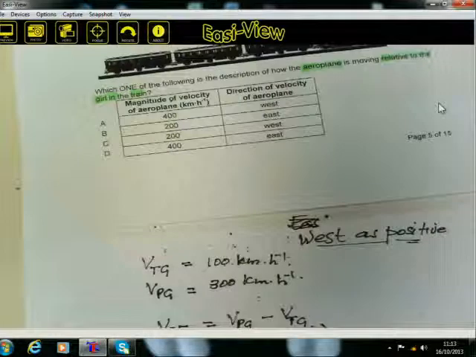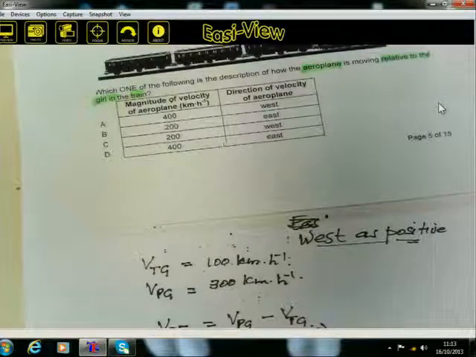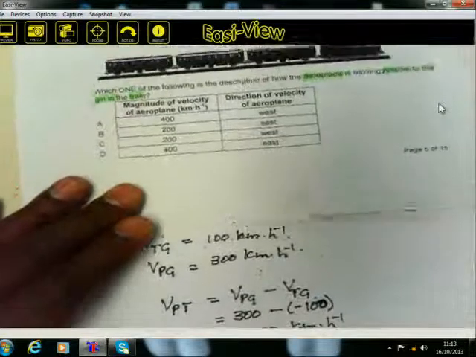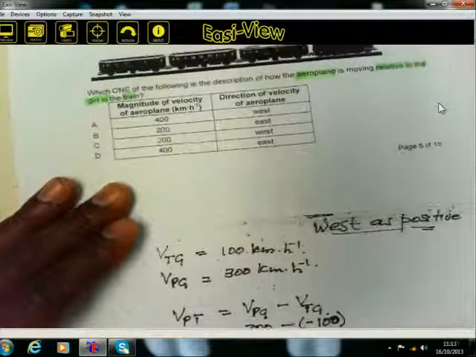So this gives us 300 plus 100, which is 400 kilometers per hour. This is positive. What does it mean?